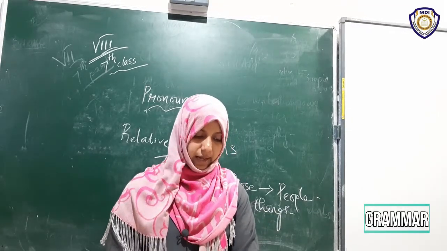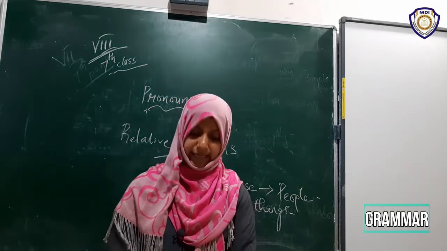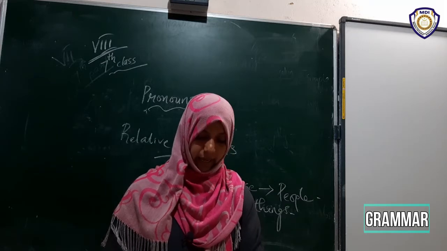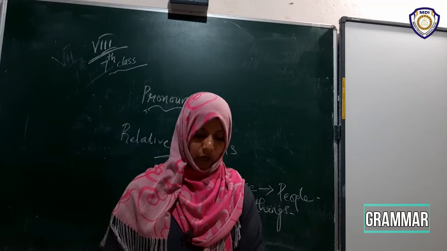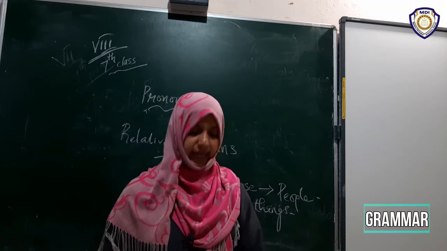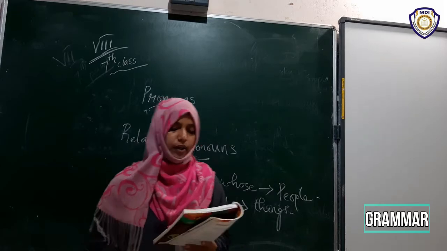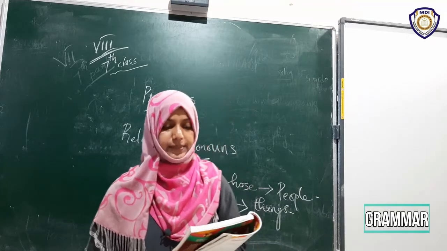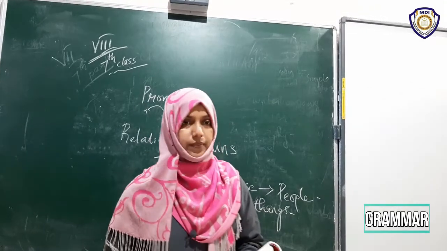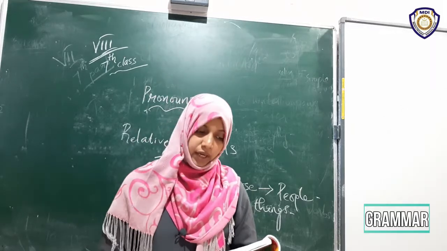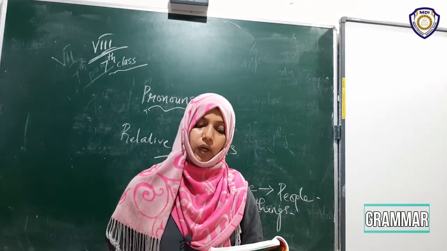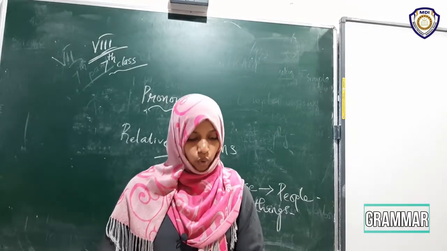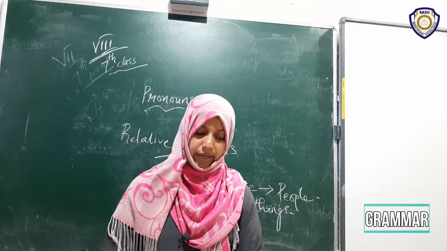Sixth one, Rizia, who is my neighbor, turned 14 yesterday. Seventh one, the man who we met on the street is a famous dancer. Next, Amar, whose father is a musician, is my classmate. Ninth one, the family which lives across the street is from Arunachal Pradesh. The man who lost his phone was very upset.